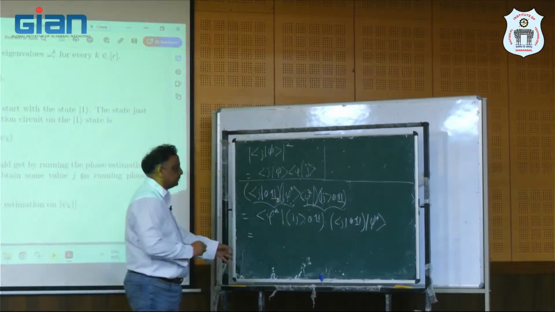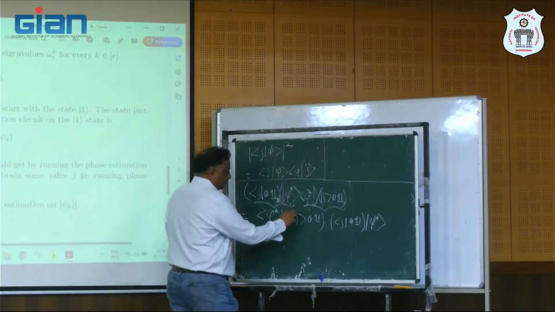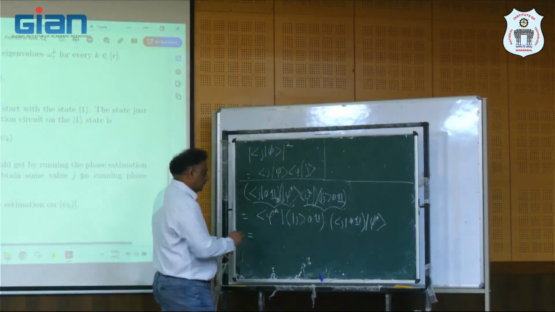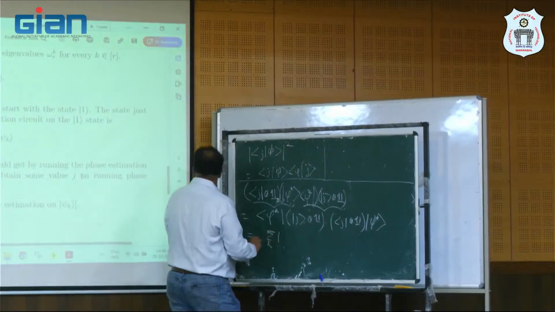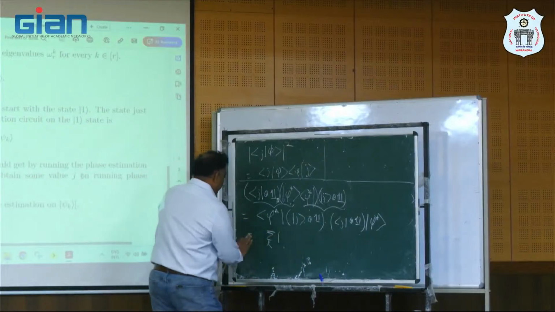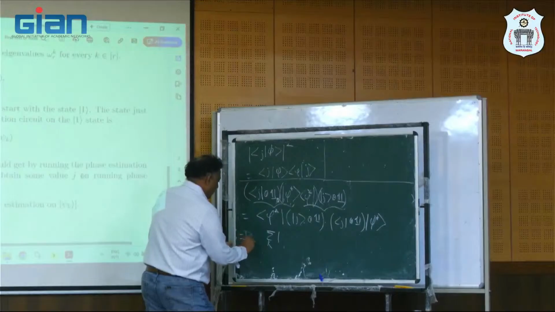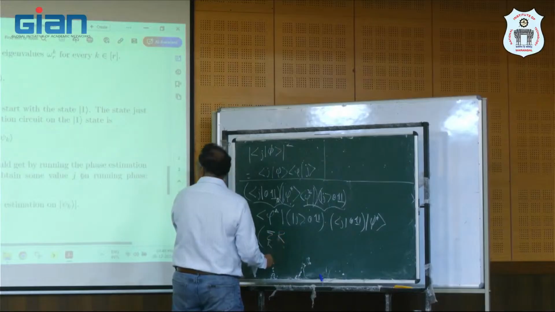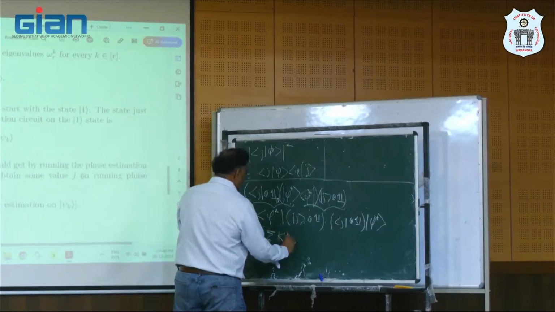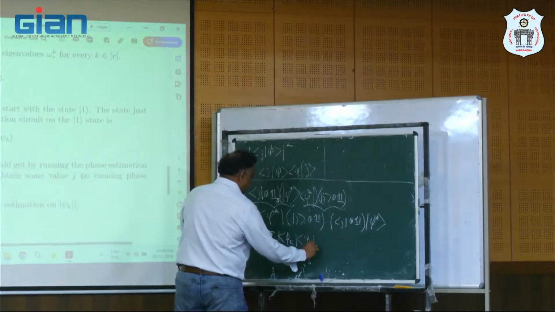This becomes, now let's do summation k. I'll take 1 over r out, summation k phi k psi k, correct?